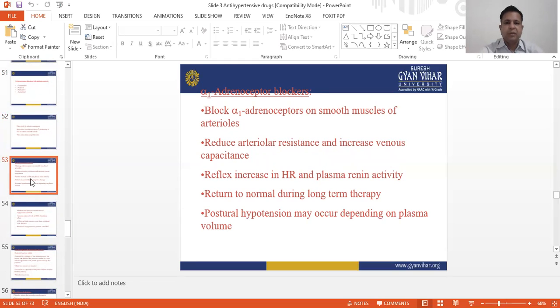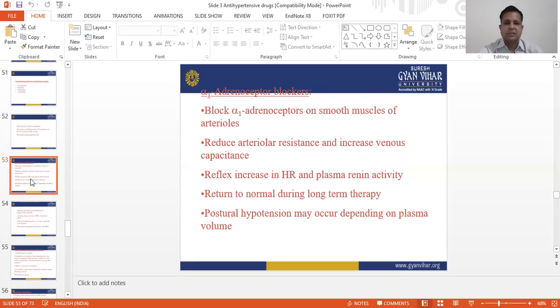Alpha 1 beta adrenoreceptor blockers. It blocks alpha 1 adrenoreceptors on smooth muscles of arterioles, reduces arteriolar resistance, and increases venous capacitance.